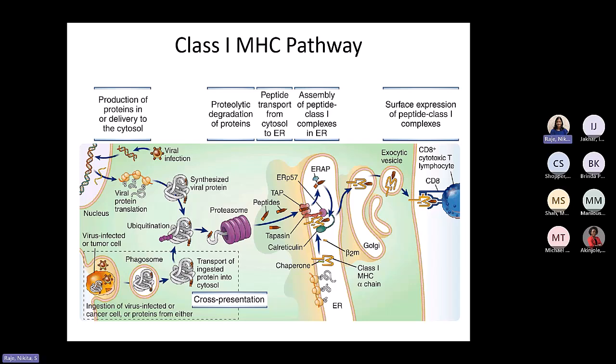All right, so this figure also shows you cross presentation, where maybe a cell that was engulfed by the antigen presenting cell, or basically any tissue cell, if it engulfed that cell, say a dendritic cell engulfed a target cell, it's going to make a phagolysosome.